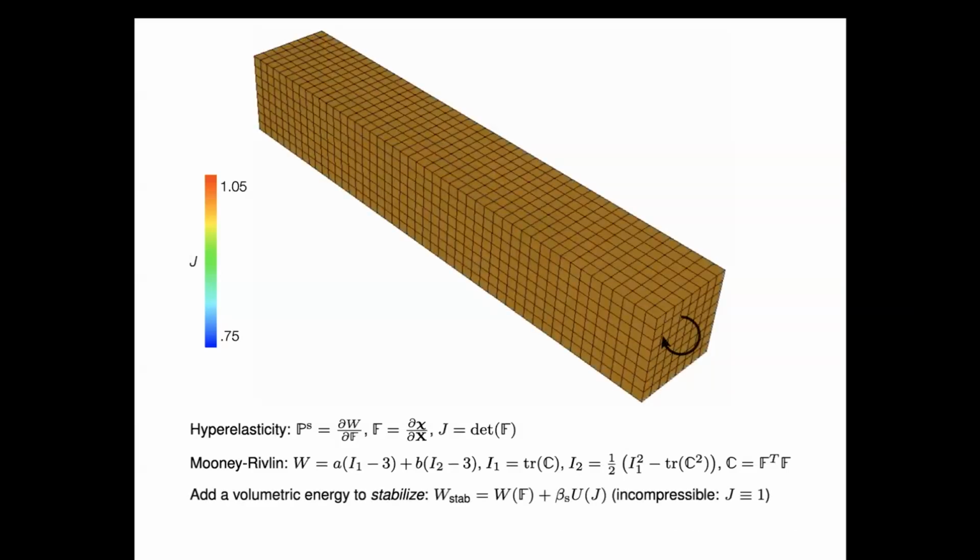But there are at least two sources of lack of volume conservation. Volume can increase or decrease. One source for the numerical method is the transfer operator that takes velocities on the background grid and puts them onto the structure.